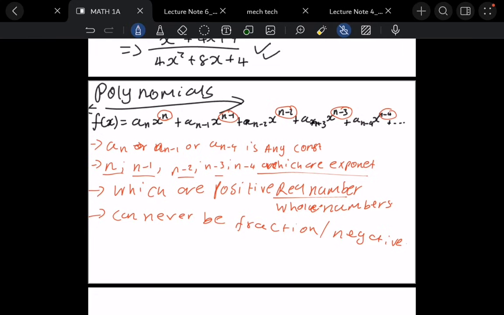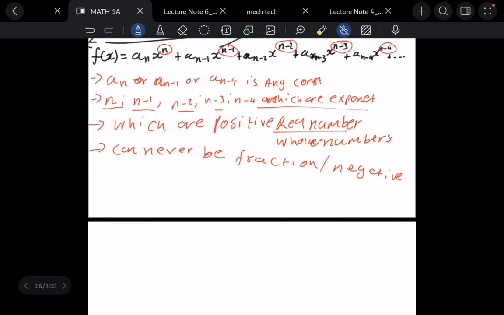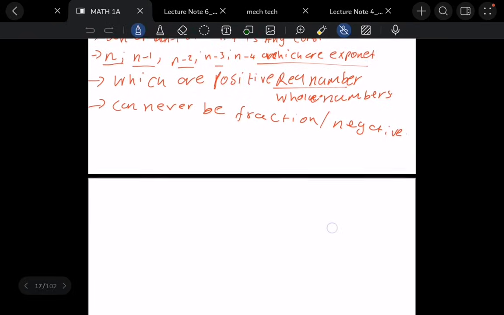Understand? They can never be fractions or negative. Let us look at an example.